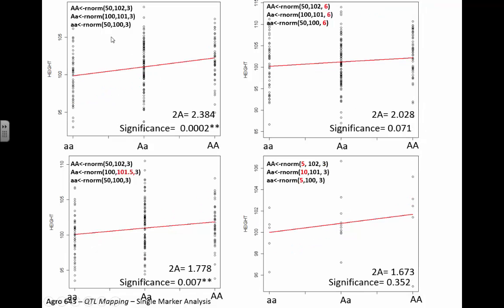So the bigger our QTL effect is, the more likely we're going to detect it with higher significance. Once we have this lower effect and we add more standard deviation into our individuals, we lose our ability to detect that. Questions?